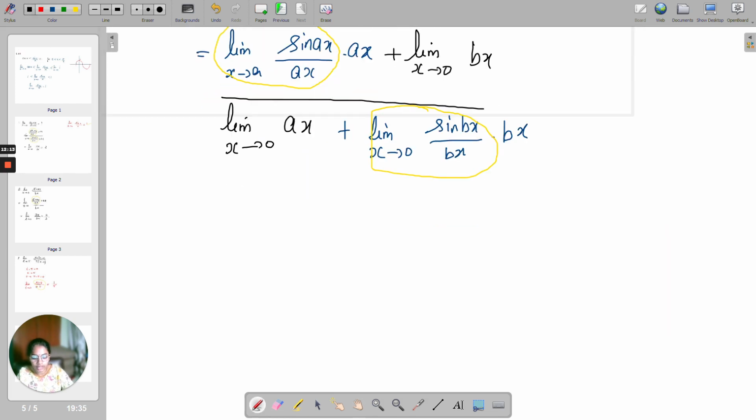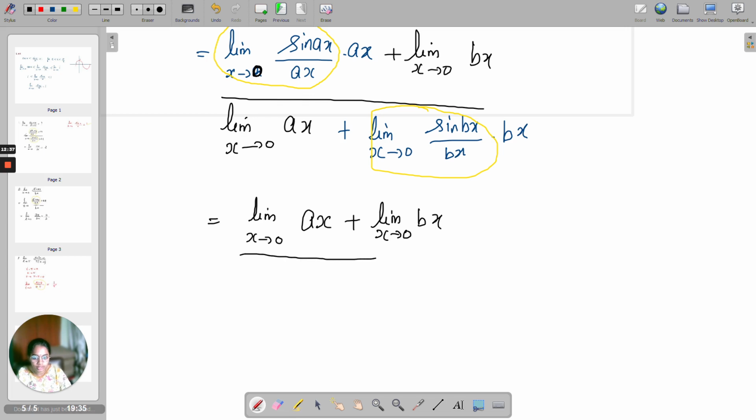So I can write limit x tending to 0 ax, and still I have x term over here, limit x tending to 0 bx, whole thing divided by limit x tending to 0 ax plus limit x tending to 0 bx.